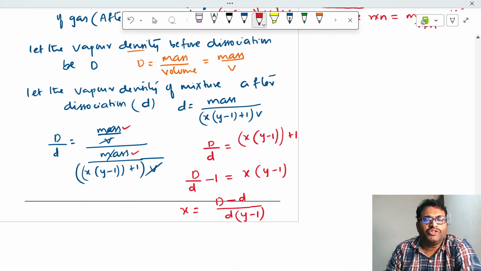So what is x? x is the degree of dissociation. What is capital D? Vapor density before dissociation. What is small d? Vapor density of the mixture after dissociation.